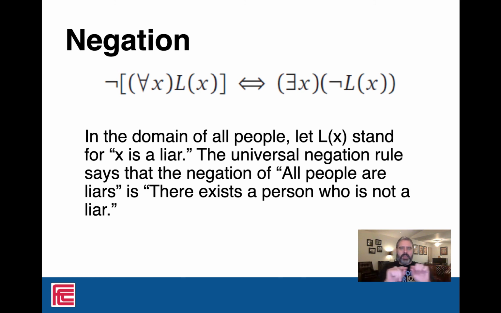So this negation rule says if I want to negate the statement, all people are liars, so I'm not trying to prove all people are liars, I'm negating it, I could say there exists a person who does not lie, who does not have the property of being a liar. So the opposite of all people are liars is there exists a person who doesn't lie.